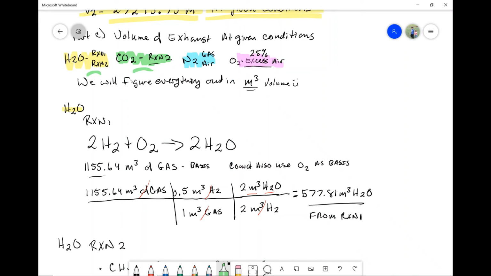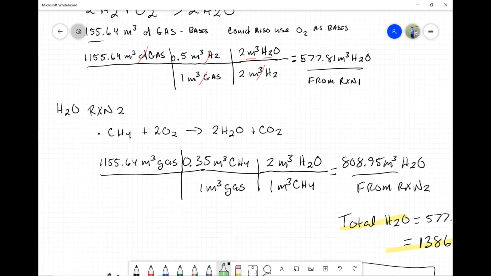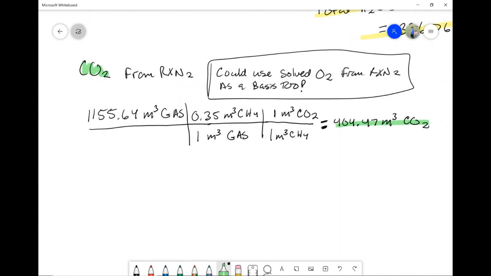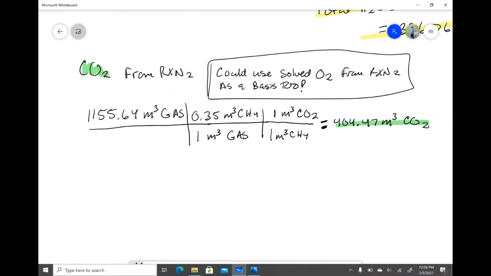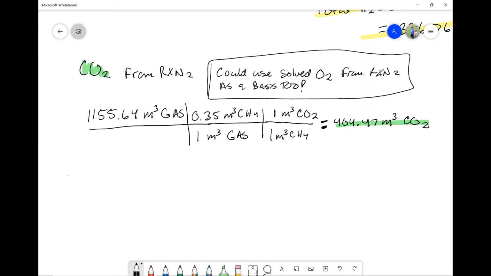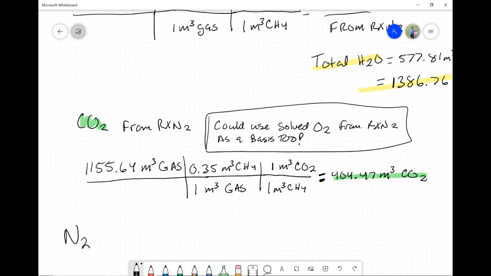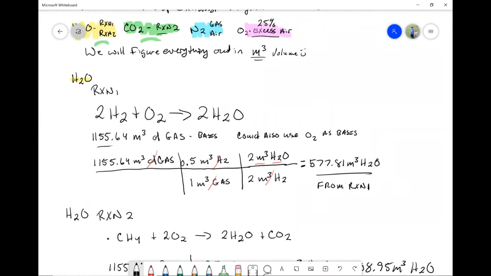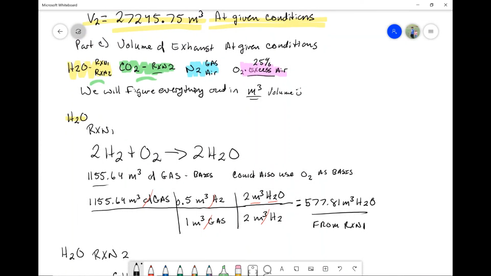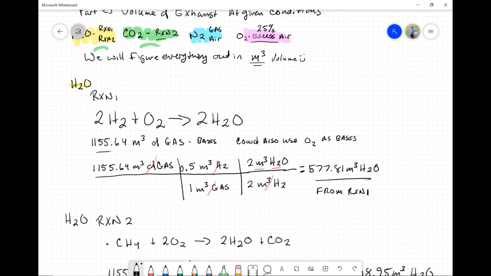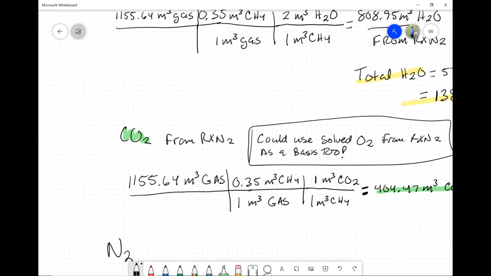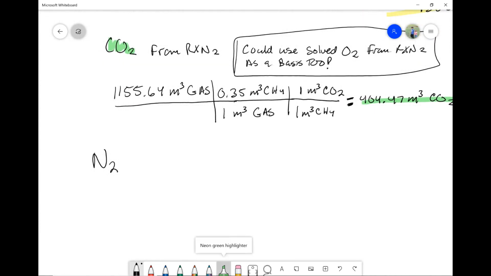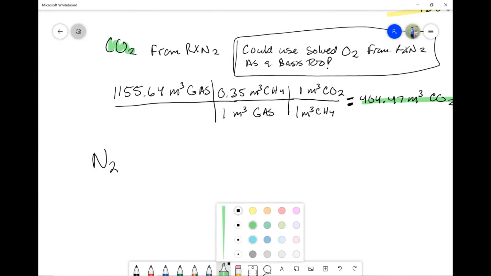So there's two sources of N2: N2 from gas, and N2 from all of the air. So N2 from gas, and let me go back to my color coding. Was it this blue? I hope it was.